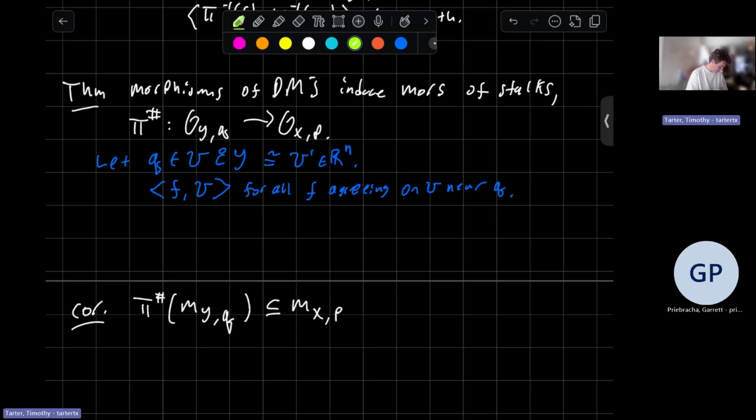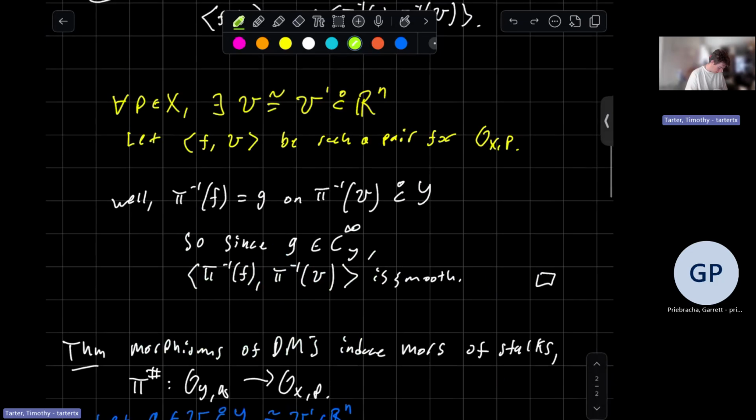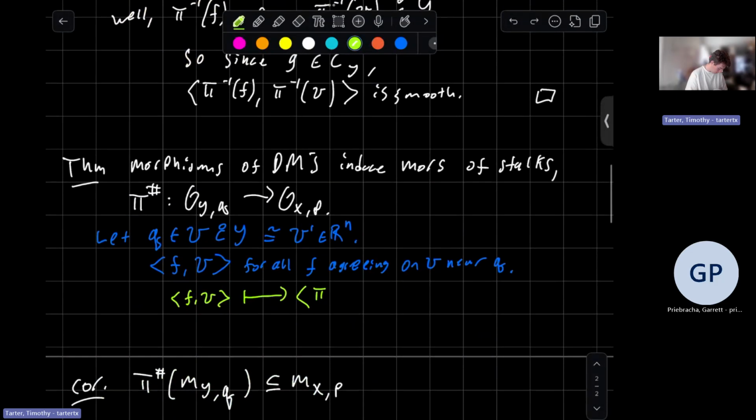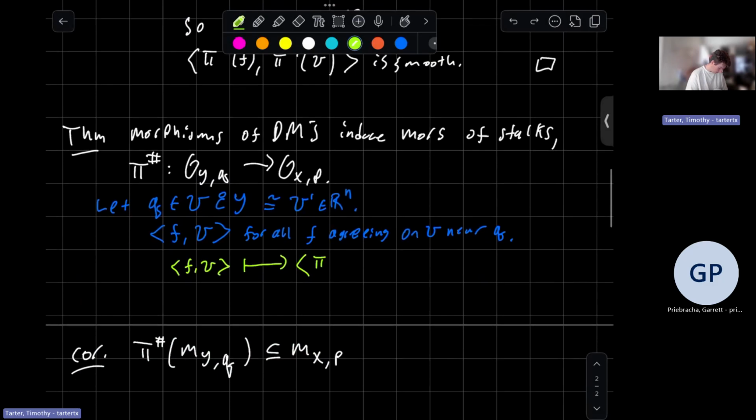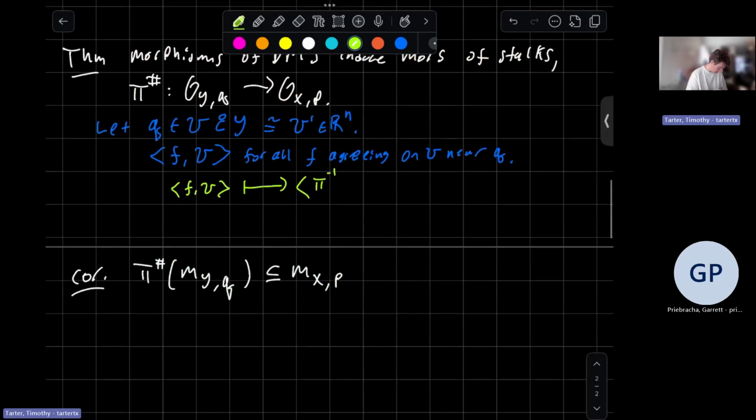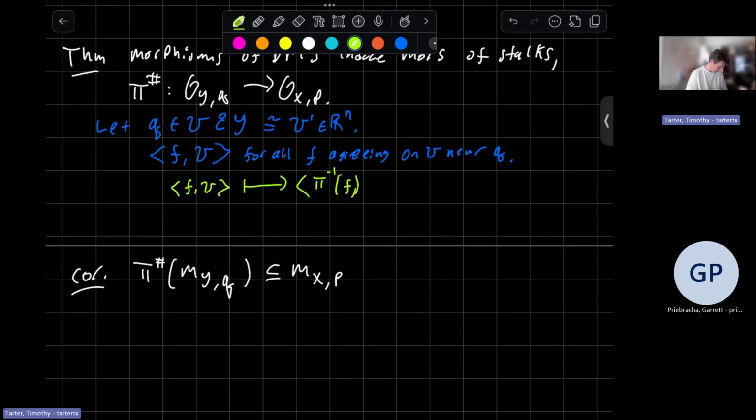And then the actual morphism is that f comma u gets mapped to pi inverse of f, pi inverse of u.